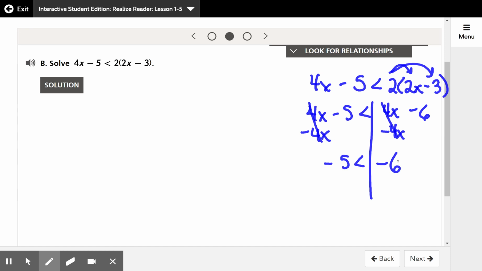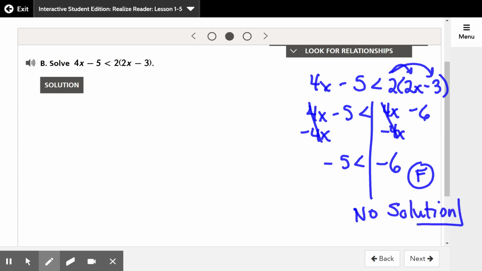Now this is negative 5 is less than negative 6. That's actually a false statement. Negative 5 is bigger. And I know that seems weird because it's a negative. But think about it. I would much rather owe somebody $5 than $6. So that's a false statement. So that leads us to no solution.